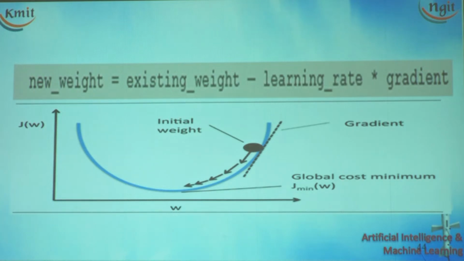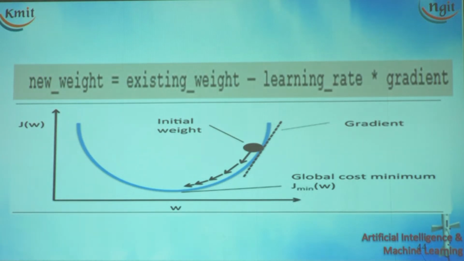You take the previous weight minus learning rate into that gradient. So you are updating beta 1 with the old beta 1 and the gradient. The gradient is playing an important role and the learning rate is also playing an important role. These two are very important here.